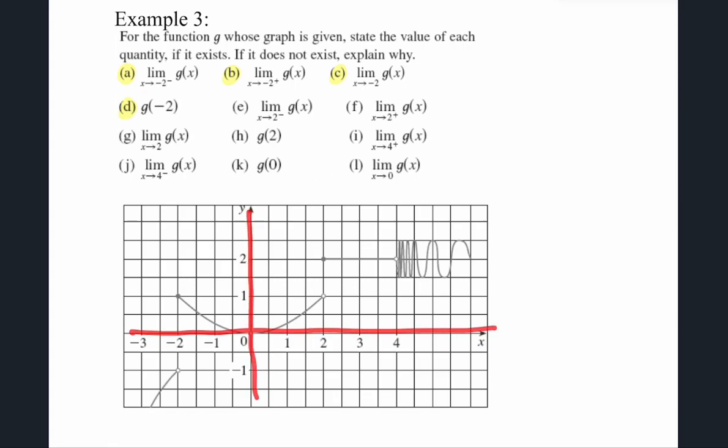I have found on this graph paper where I got these examples, it's sometimes helpful to highlight the x and y axis just so that it pops out at you. Okay, so we are heading to a height of negative 1. But what height are we heading to if we come into an x value of negative 2 from the right? We are heading to a height of 1.